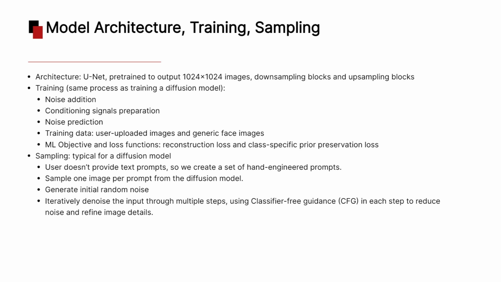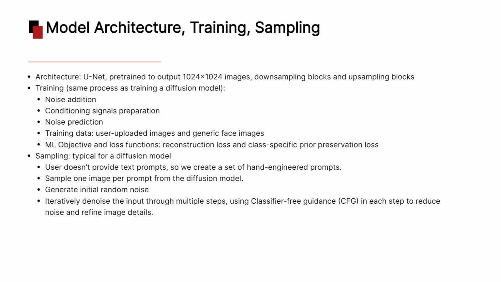Text alignment, CLIP score. Even though users don't provide explicit prompts in our system, we can still measure how well generated images align with the intended headshot description, e.g., professional headshot, neutral background, by comparing image embeddings to text embeddings from CLIP.